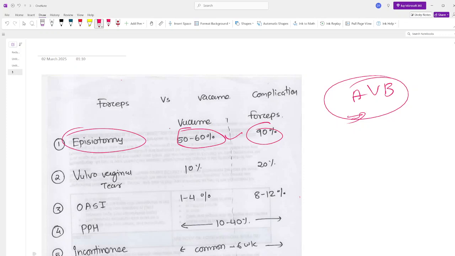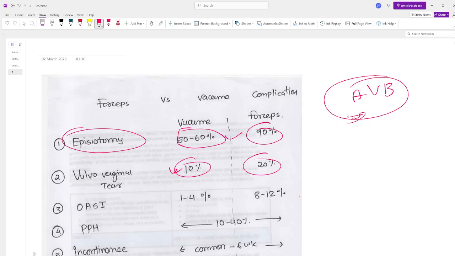So if the patient is going for forceps, 90% of them are going to require episiotomy, while it is 50 to 60% with the vacuum. Vulvovaginal tear is obviously more common with forceps, 20%. But it is not zero with vacuum, it is 10% as well.